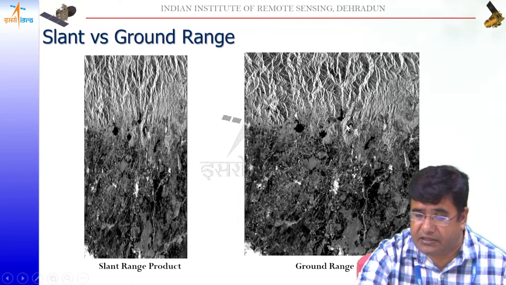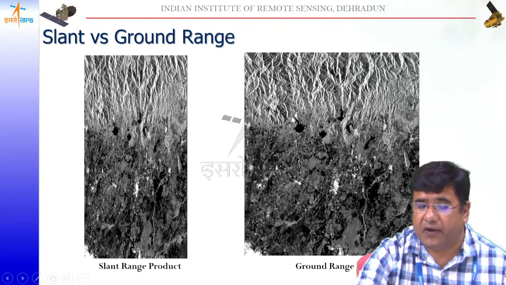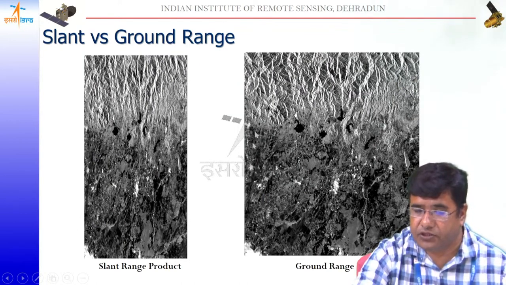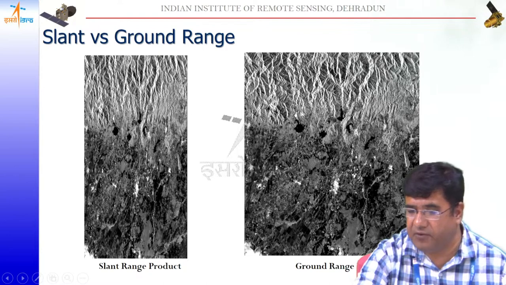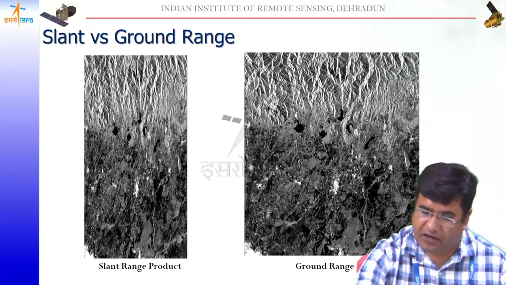So now we can convert this slant range to the ground range by using this formulation and make the square pixel size. So in this image you can see it is a proper image. The features are now proper. It is a square pixel size. So we can do the image interpretation in the ground range better as compared to the slant range.